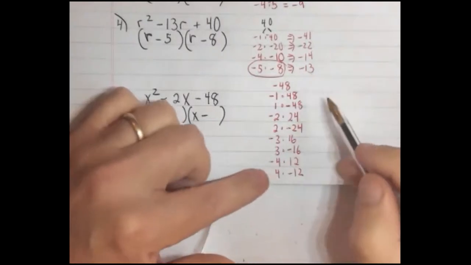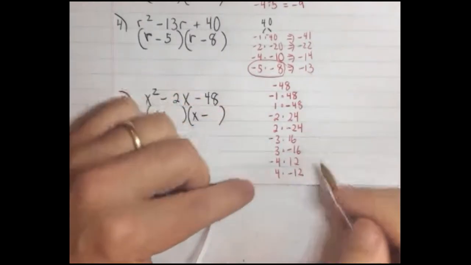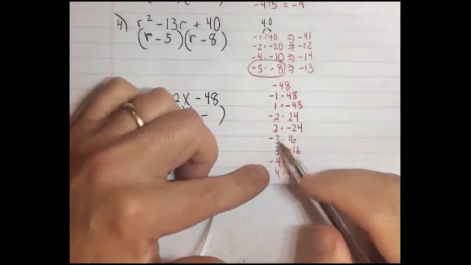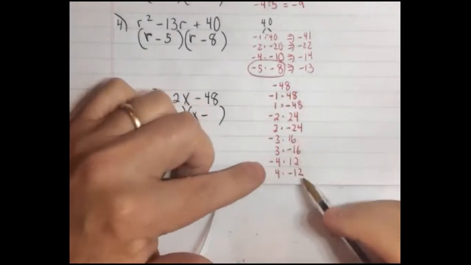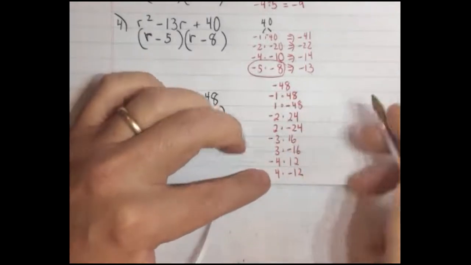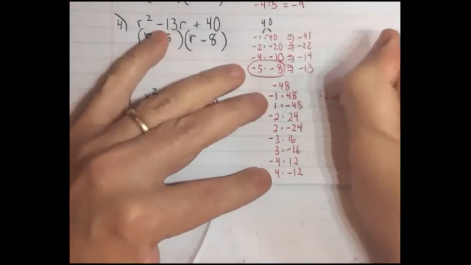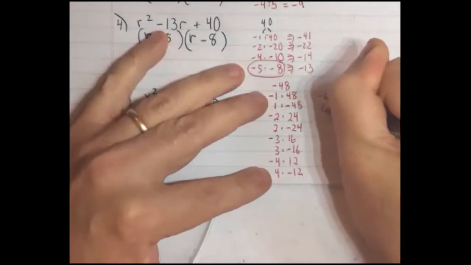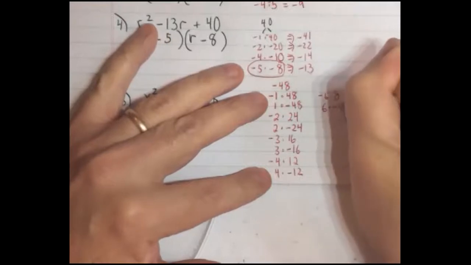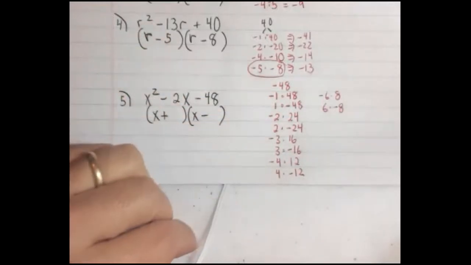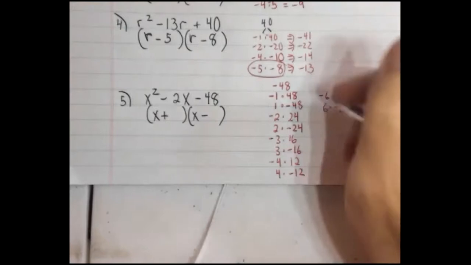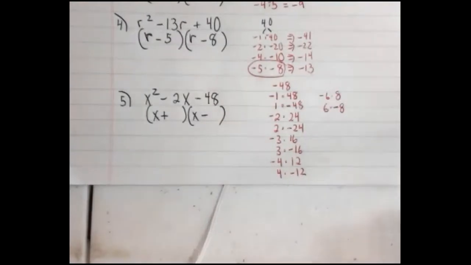Running out of room, so I'm gonna come up here. And again, if you're not good with these, you can just divide these numbers in to make sure, because they gotta go in perfectly. The next one, -6 times a +8, or +6 times a -8. And then I think we are done.